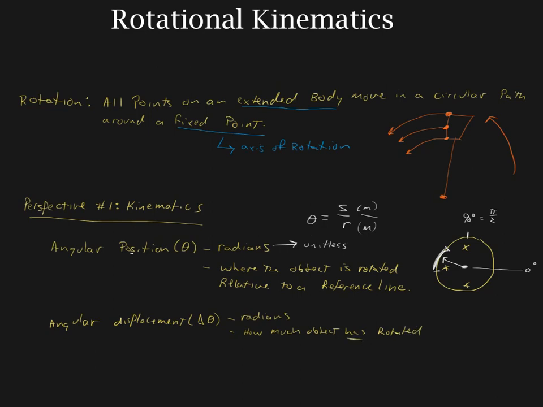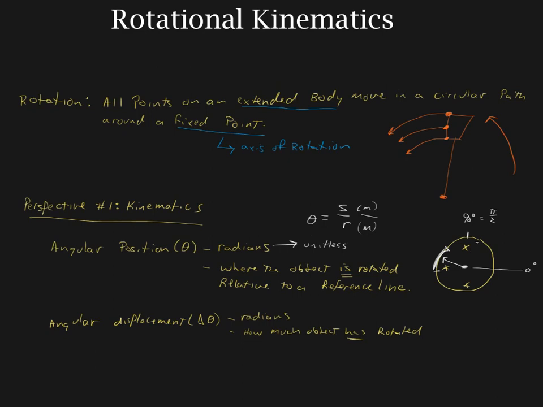Okay, if you notice our definition for angular position, we said how much the object is rotated. That does not imply that some time interval has elapsed for the position to have changed. But whenever we say how much the object has rotated, that means it has moved because time has elapsed.